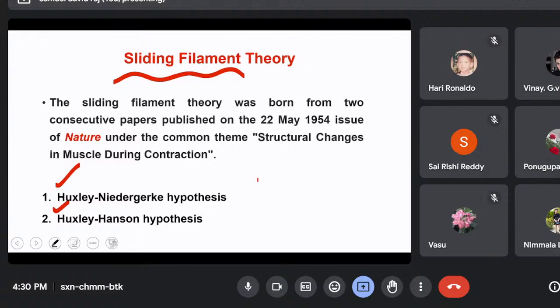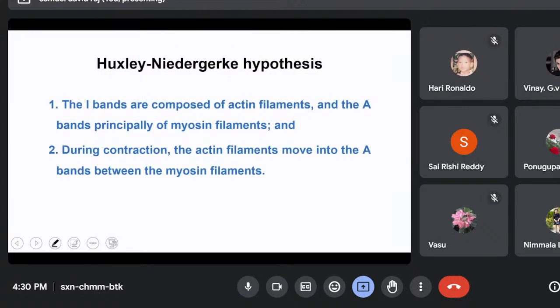So two hypotheses were put forward at that time. First, coming to the Huxley and Niedergerke hypothesis. According to them, the I bands are composed of actin filaments.